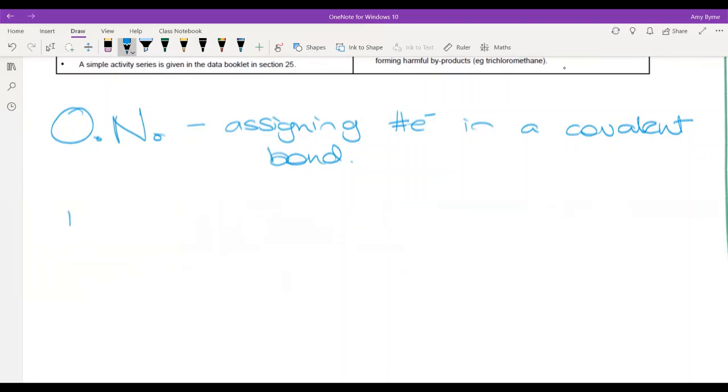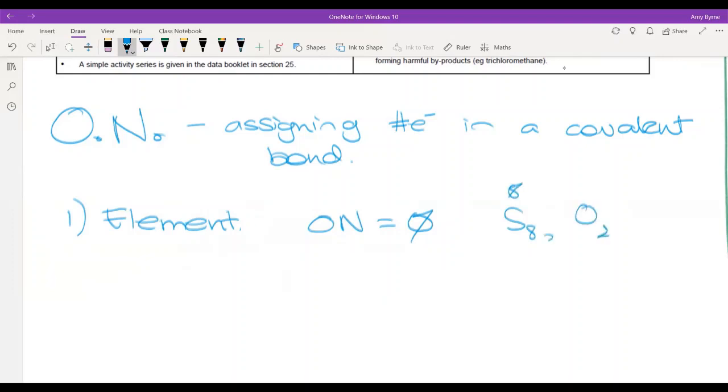So, rule number 1, there is no talking about Fight Club. Okay, so rule number 1, if I have an element, the oxidation number is 0. So for example, in sulfur, that oxidation number is 0. In oxygen, it's 0. In, I don't know, magnesium metal, like we did before, it's 0.